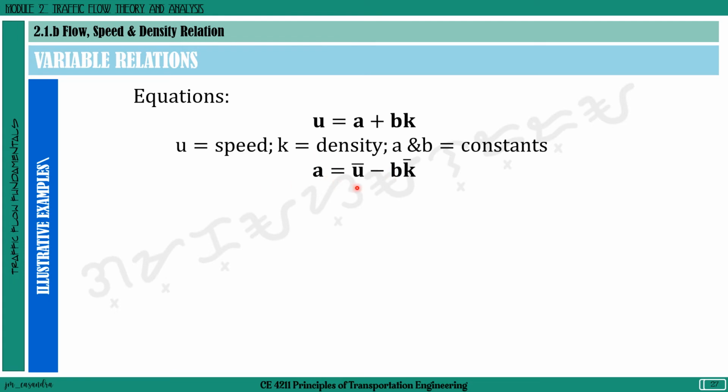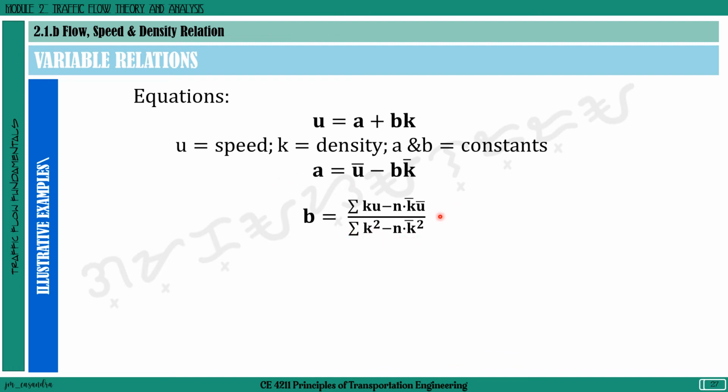A is equal to the average or mean of U minus B times the mean or average of K. So as you can see, this equation is taken from this general equation. So B now is equal to the summation of KU minus n times K bar U bar all over the summation of K squared minus n times K bar squared.